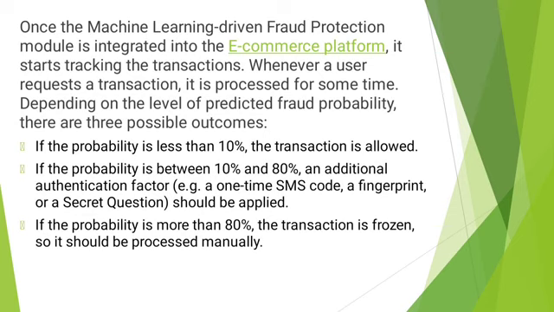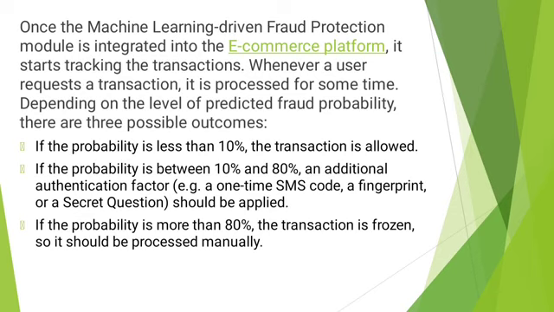Once the machine learning driven fraud protection module is integrated into the e-commerce platform, it starts tracking the transactions. Whenever a user requests a transaction, it is processed for some time. Depending on the level of predicted fraud probability, there are three possible outcomes.